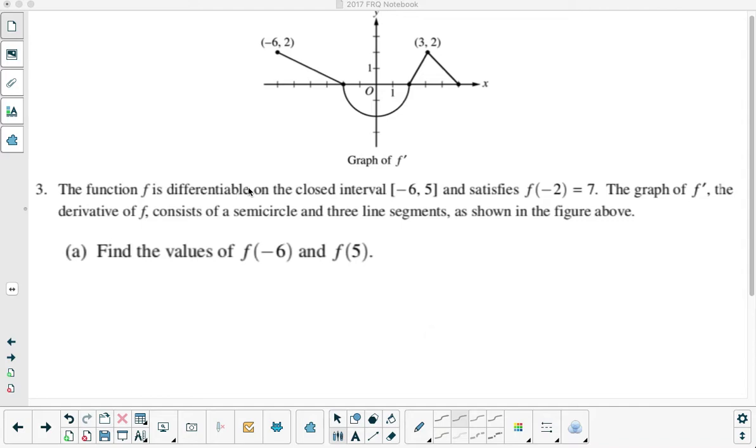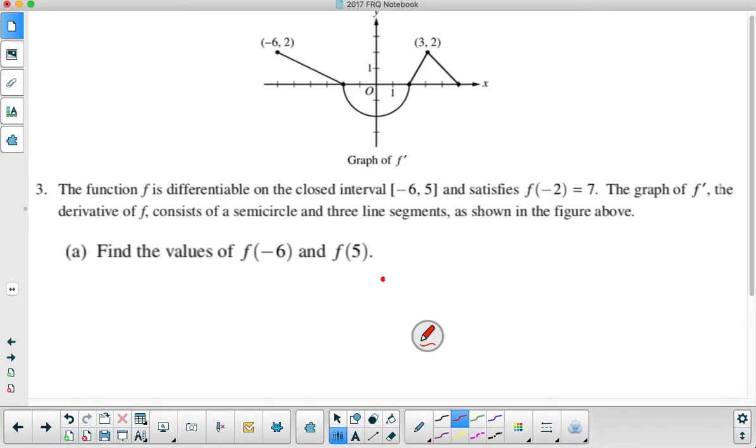We also have this information here: it satisfies f of -2 equals 7. We're given the graph of f prime. That's what this graph represents right here. So in order to get to that f of -2, we're going to have to do an integral. We just have to keep that in mind.